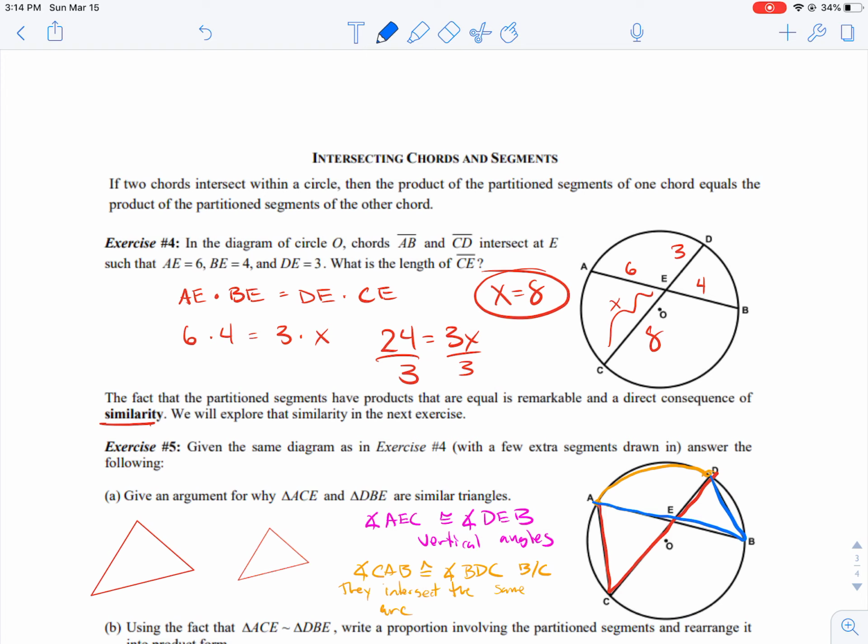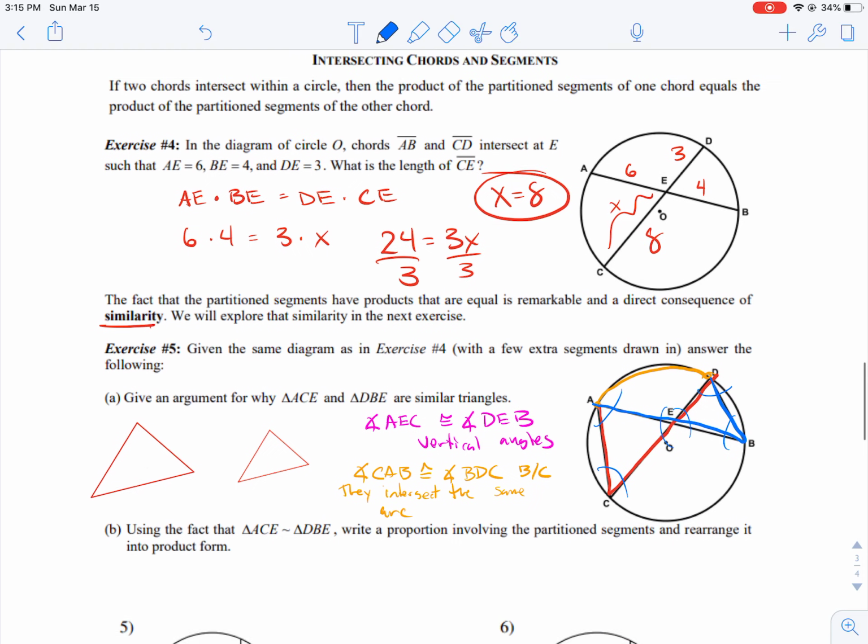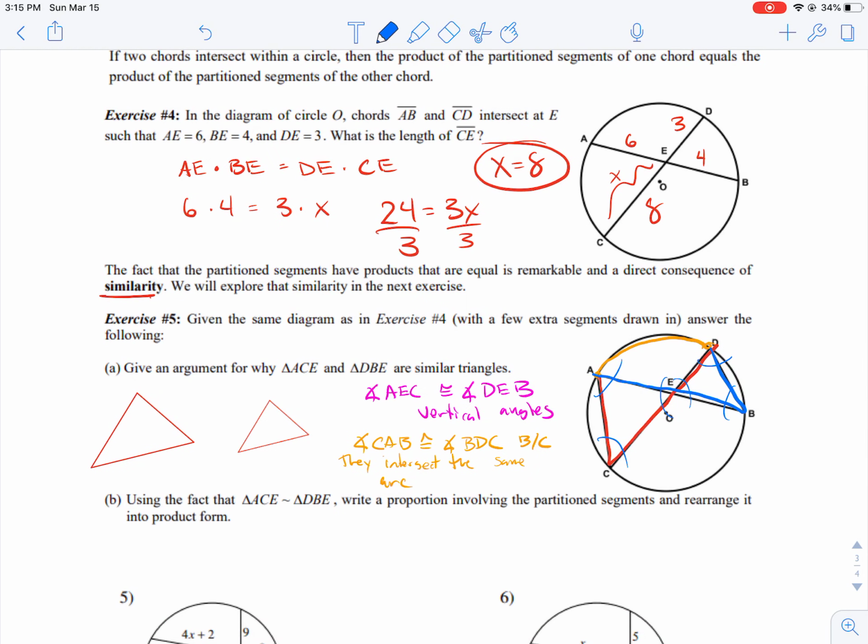Okay, so therefore, the measures of three of their angles for each triangle are the same, so therefore they are similar triangles.